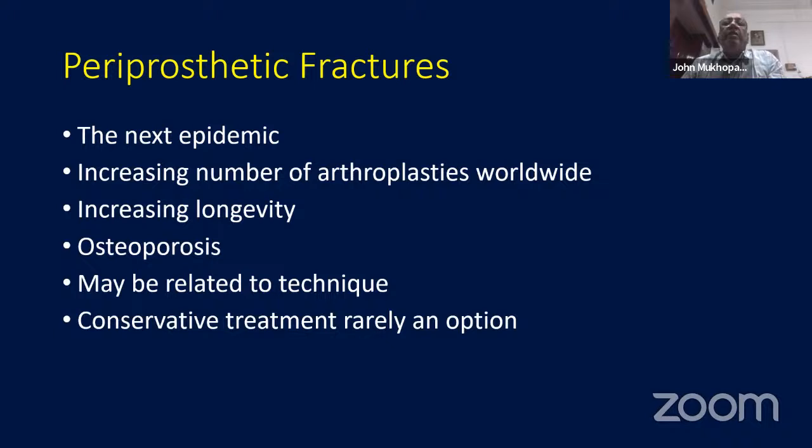The other problem is that conservative treatment is rarely an option because these are mostly elderly patients who you want to get up and about early. So usually it does involve either fixation or a revision prosthesis.